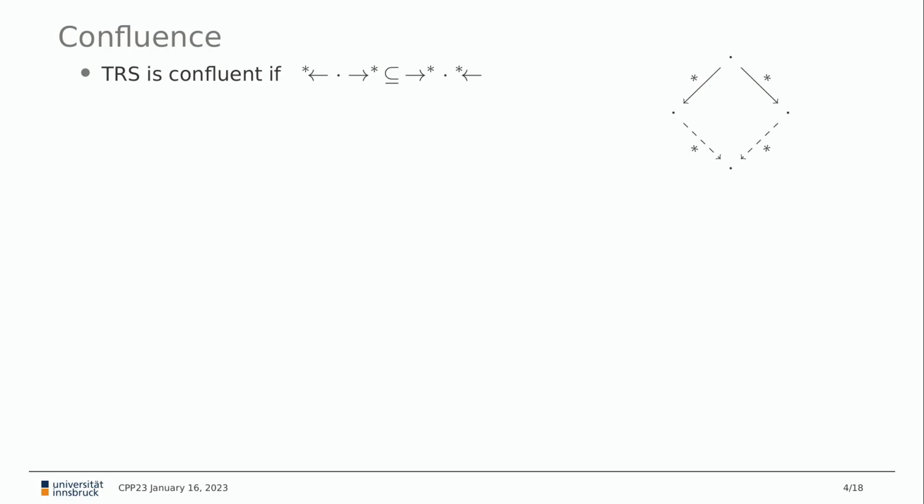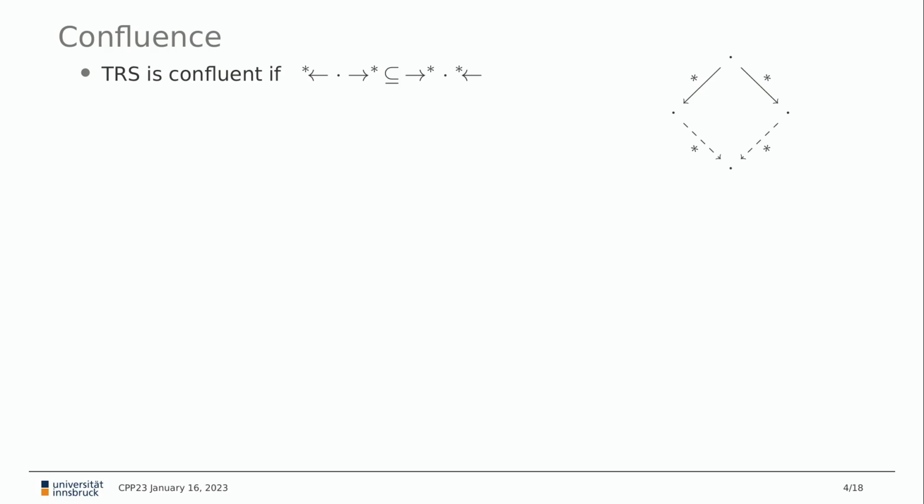Now the property that I'm interested in in my research is confluence. And I formalized this confluence criterion. So we should talk about what confluence is. It's basically the picture here on the right. The idea is that when you can rewrite a term in two different ways, so you start here with some term, which is just symbolized by a dot, and there are two options of rewriting, then you can find a common reduct again.